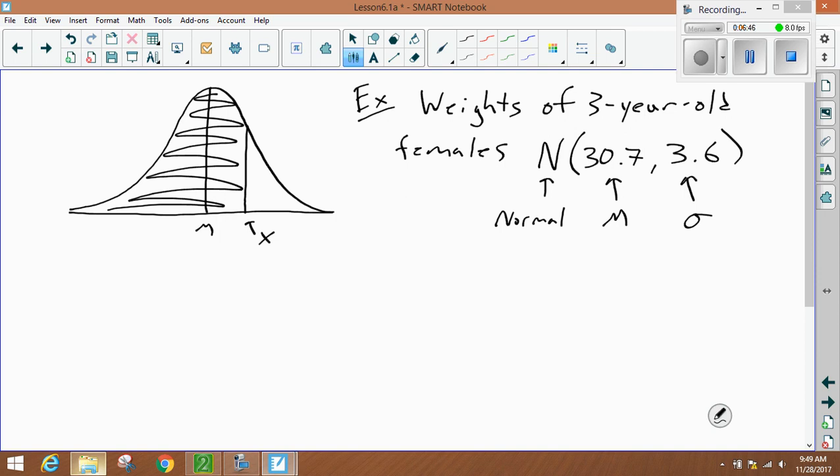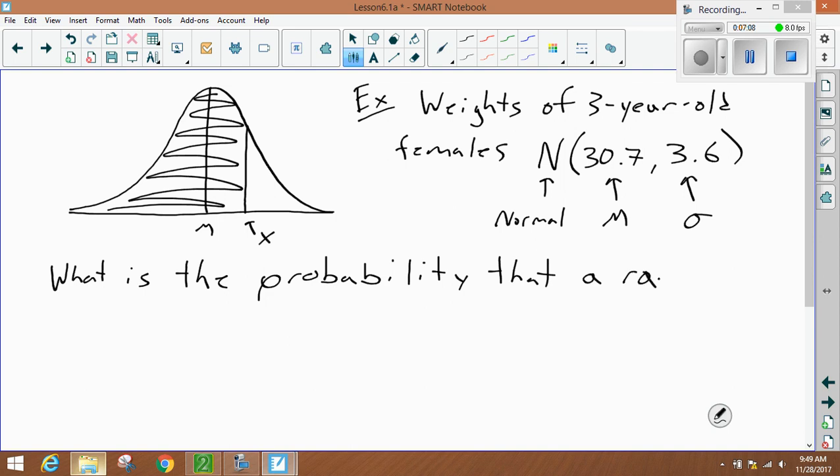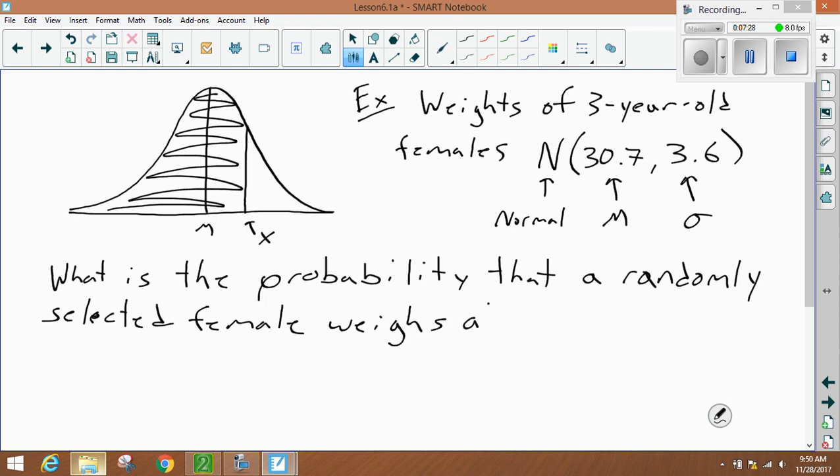From that, I can answer the question: what is the probability that a randomly selected 3-year-old female weighs at least 30 pounds?